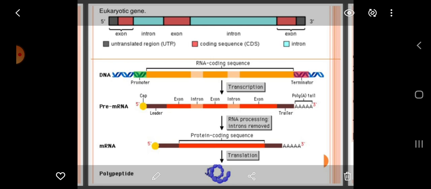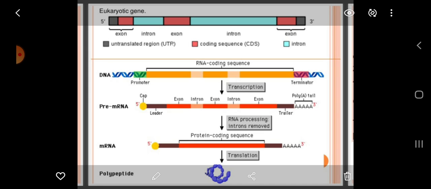In the next line, you can see that at the 5' end you have the cap, which is yellow and circular. Then you have the leader sequence, and all the introns have been removed from this sequence and all the exons have been spliced into one single gene after the removal of the introns.